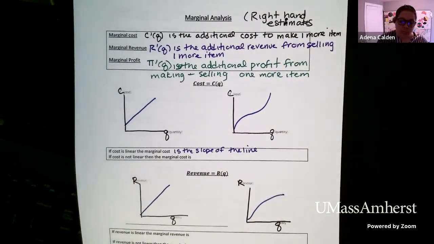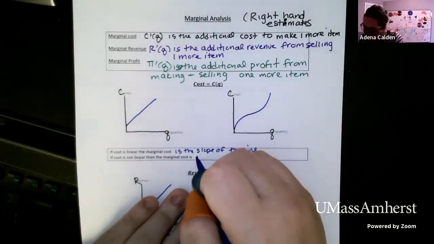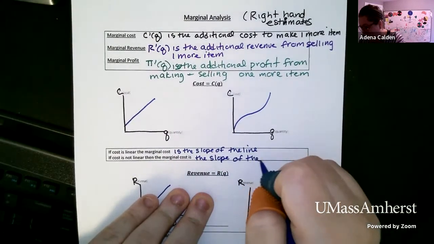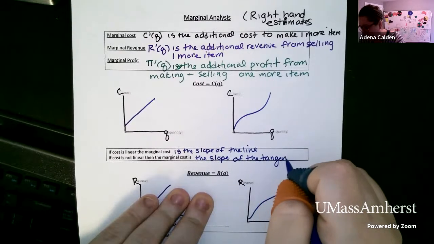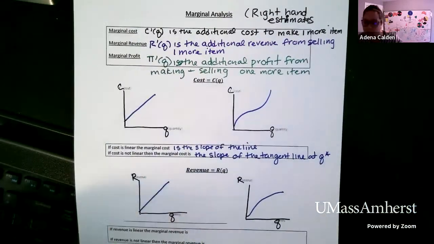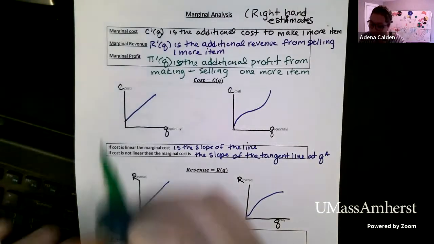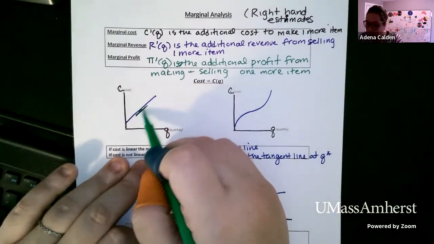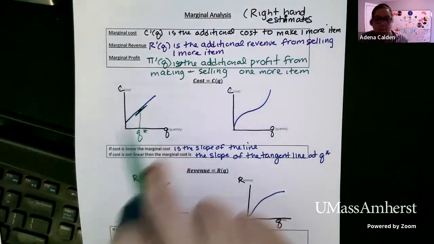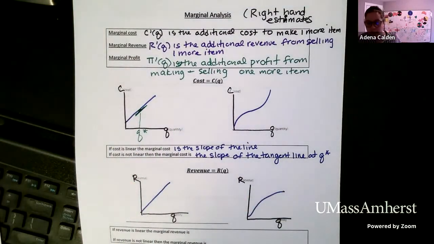But if the cost is not linear, right, then the marginal cost is the slope of the tangent line at, and we're going to call it Q star just to mean for some particular quantity. Okay, so you'll see a cost function here that's linear, right? If you pick a Q star, so any point, the marginal cost is going to be the slope of the line because all the tangent lines are going to lie on the line.